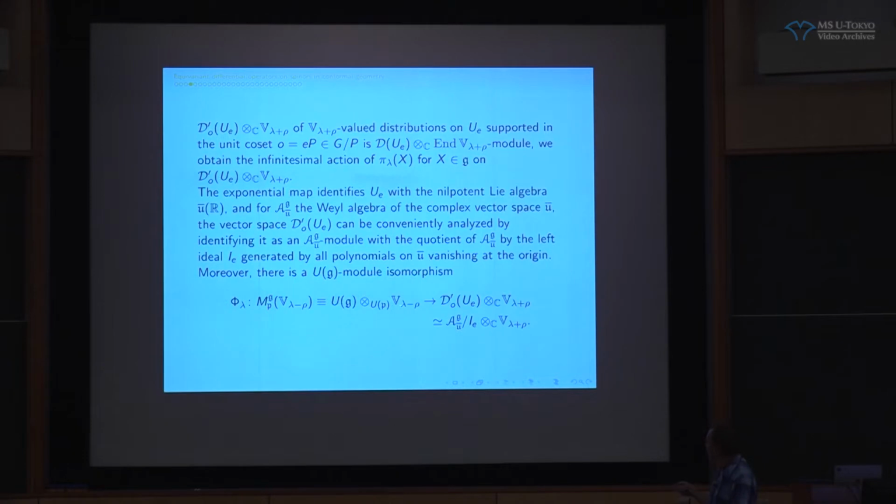So that's what the identification is, and it's the map going from the corresponding tensor product, which is identified with the generalized Verma module induced from the P module, that representation twisted by character, to the right hand side. So first to the distributions, and then to the quotient regarded as a module over the Weyl algebra over U bar, is a U g module isomorphism.